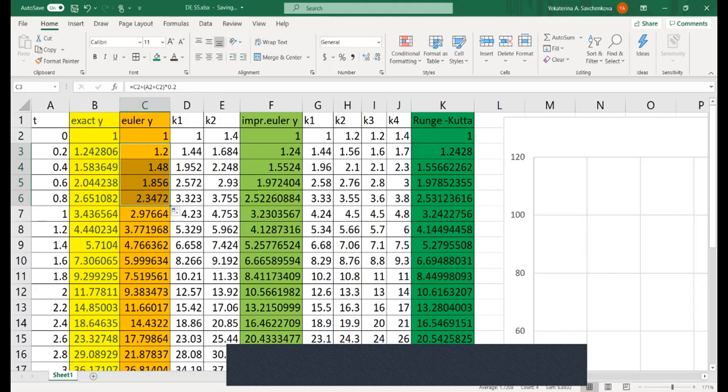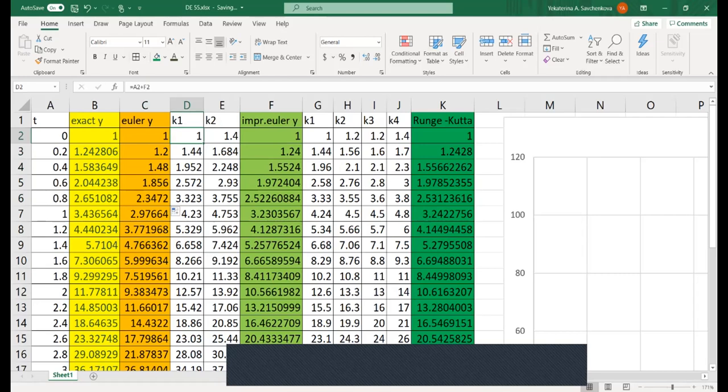Now, for improved Taylor, I have K1 and K2. First, I start with 1 over here, and then I calculate K1, which is just a function again. So A2, which is t, and F2, which is actually my y, right? And K2 is a little bit more complicated, it involves the step. You can look at the function, right? And again, as soon as I fill these two, I stretch this one down, and this one down, and this one down.